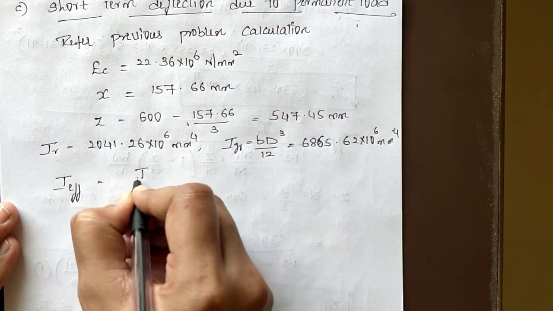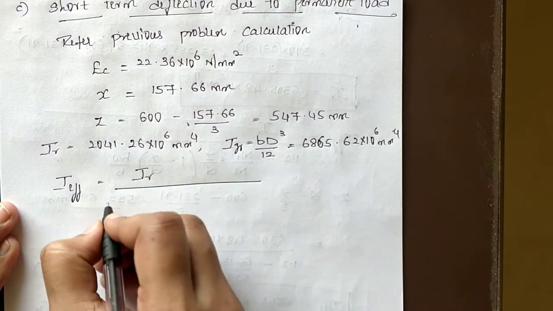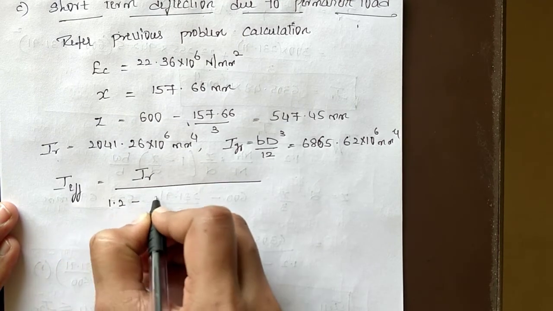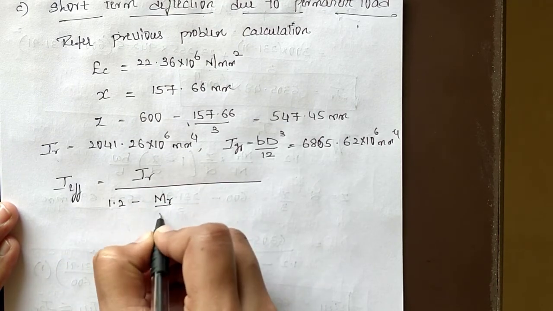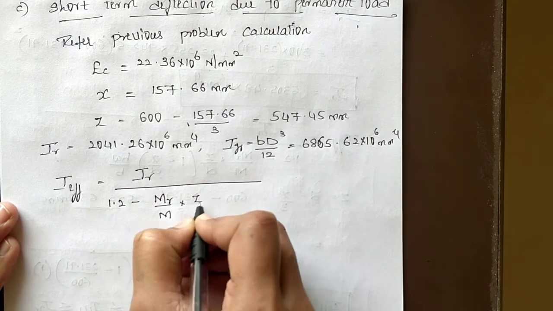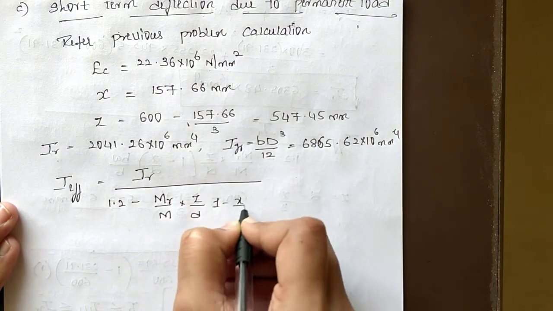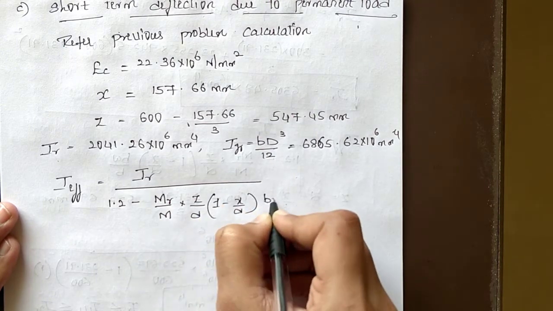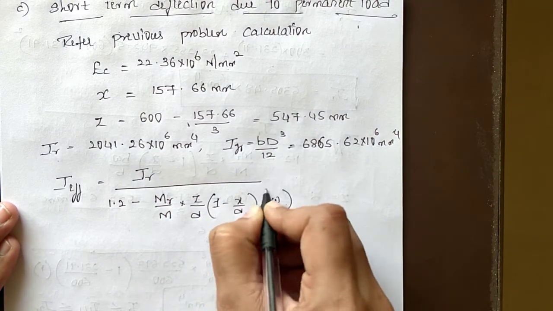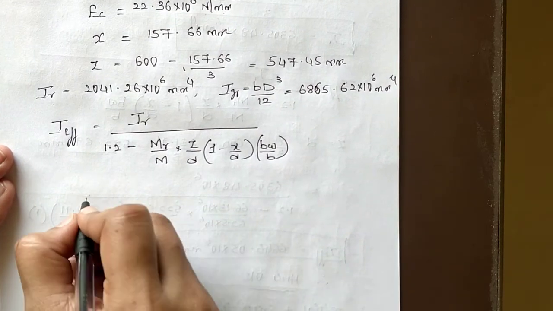It is given by IR divided by 1.2 minus MR divided by M into Z divided by D into 1 minus X by D into BW divided by B value. Then substitute the value.